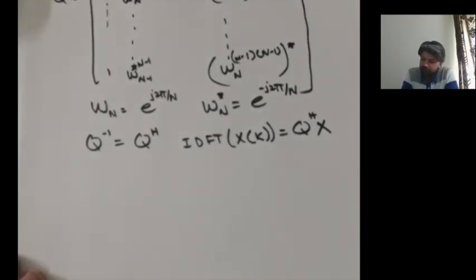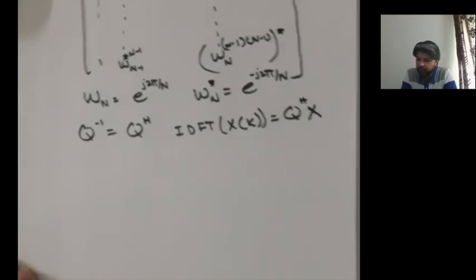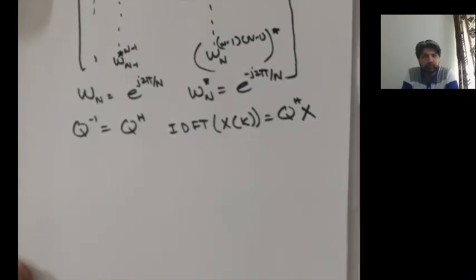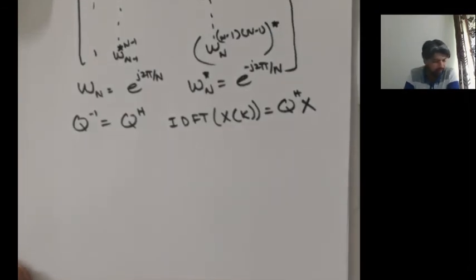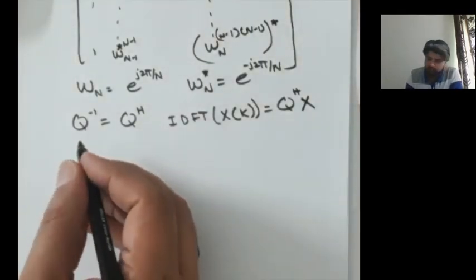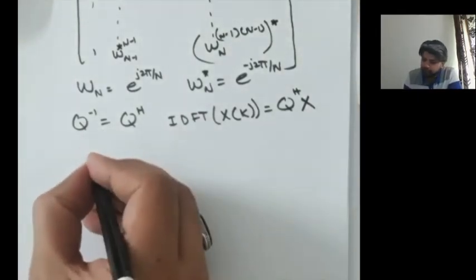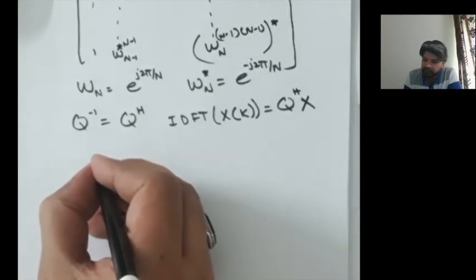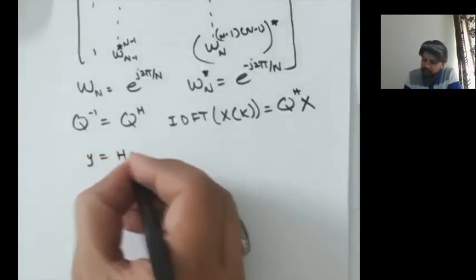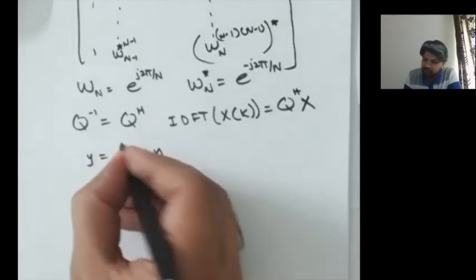So now with all of this, we can write the matrix representation of the OFDM in a very simple and precise manner, right? We started off with this model y equals H x plus n.